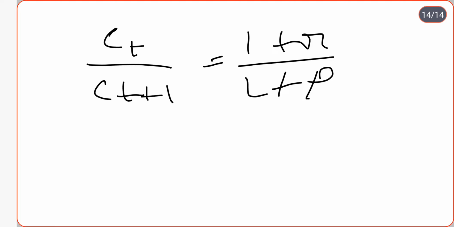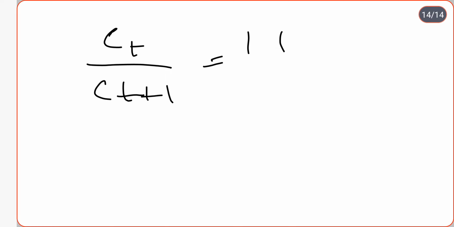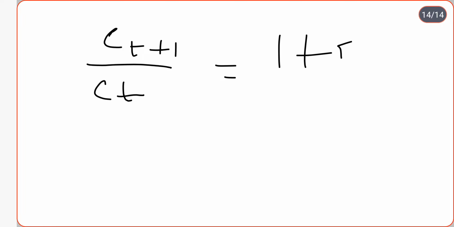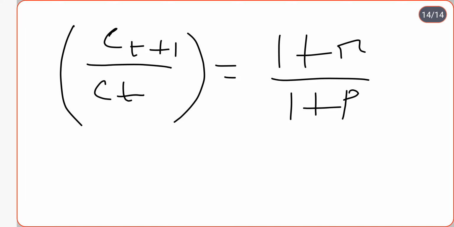Actually, I feel I have made a wrong statement here. This is a little bit wrong. It is ct plus 1 divided by ct that is supposed to be 1 plus r divided by 1 plus rho, all to the power of 1 by theta. So ct plus 1 by ct to the power theta.